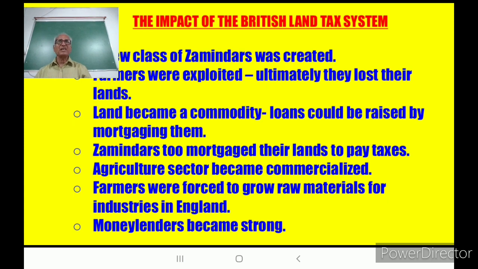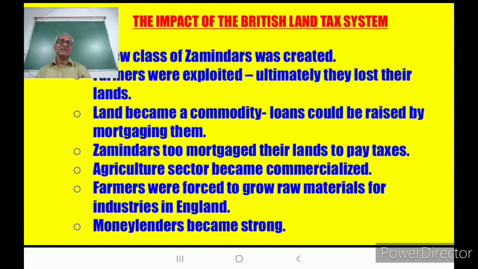They used to somehow survive. But now that was no longer possible. They were not growing food at all. They were growing commercial crops in order to feed the mills in England. That's why we say the agriculture sector in India became commercialized. Farmers were forced to grow raw materials for industries in England.